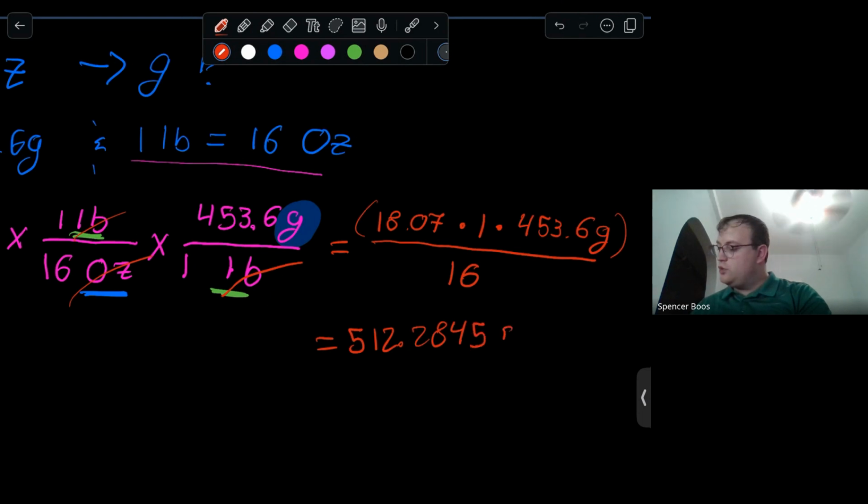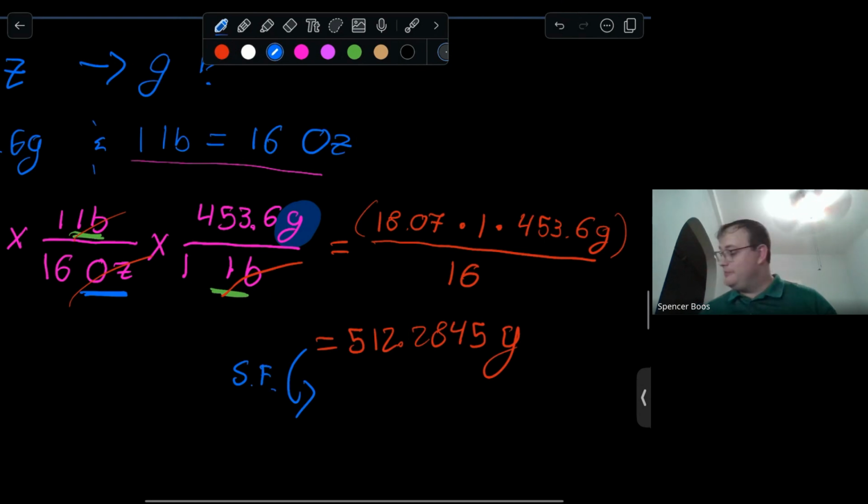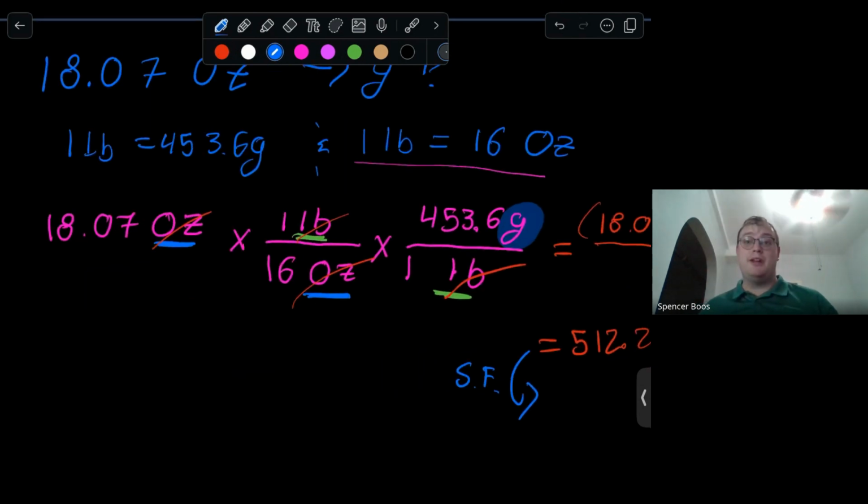512.2845 grams. Question: am I done? If you said no there, you would be correct because I've got to now round it to sig figs. Second question: how many sig figs should I round this to? If you said 4, you're correct. But why is it 4?